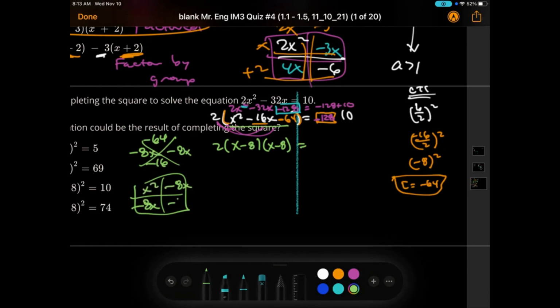Inside is x squared and then negative 64. You would get x, negative 8x, and negative 8. Okay, so over here you have... I should have just divided by 2 in the beginning. That's what I should have done.